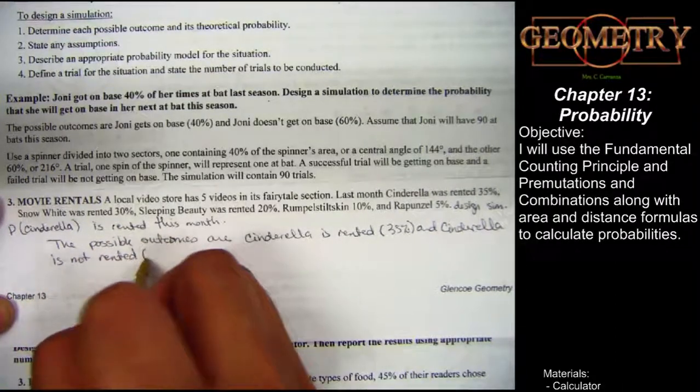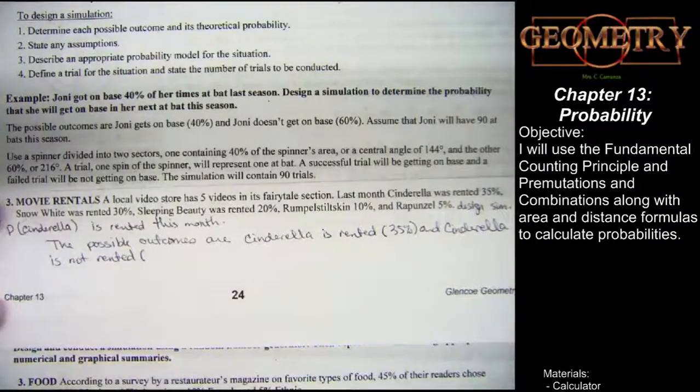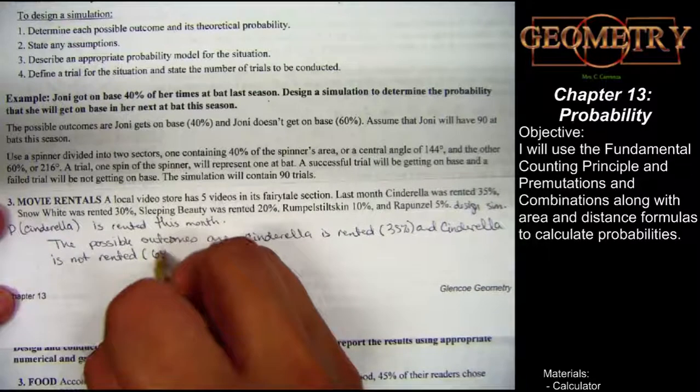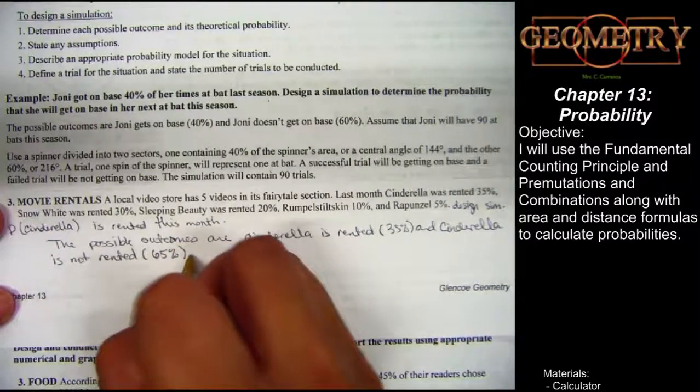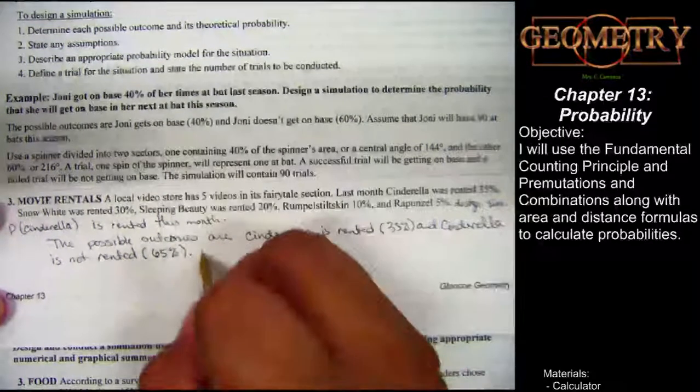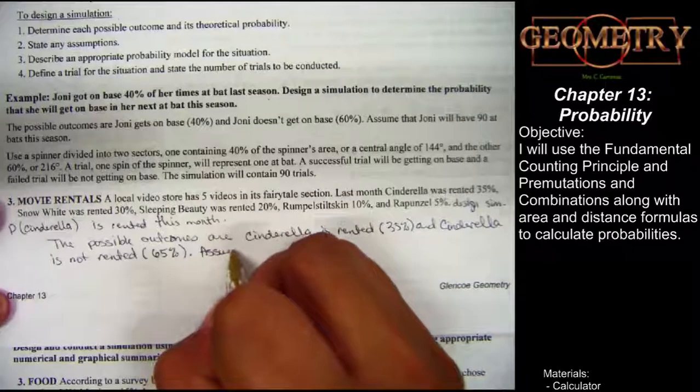What's the probability that Cinderella is not rented? 65%. How did you get 65%? Percent goes to 100. Because percents go up to 100, and so if we already used 35 of it for it to be rented, then the other remaining percentage is it didn't get rented. Very good. What's our assumption?